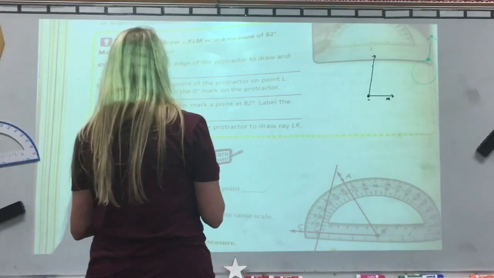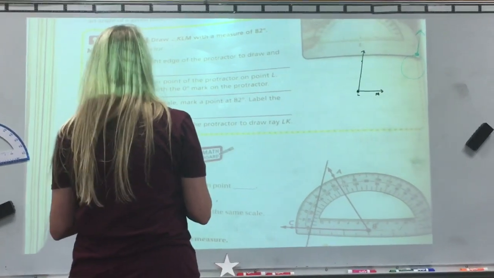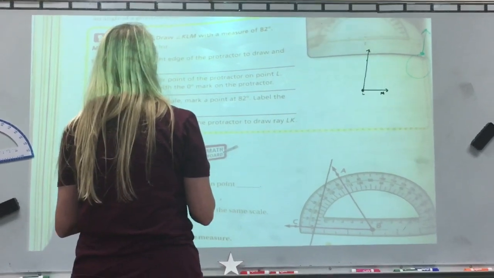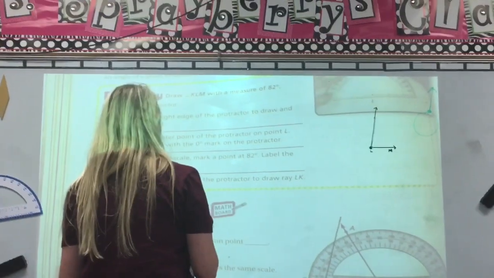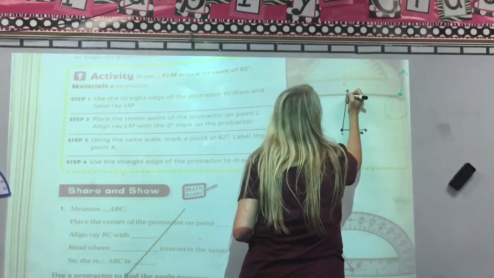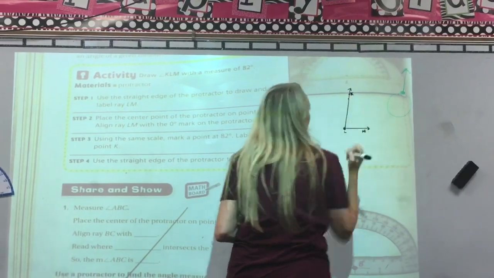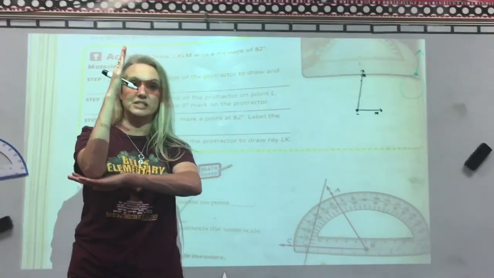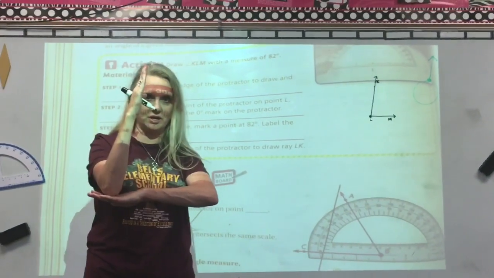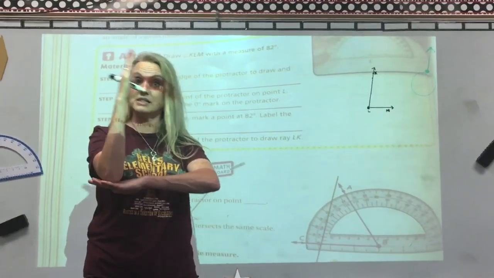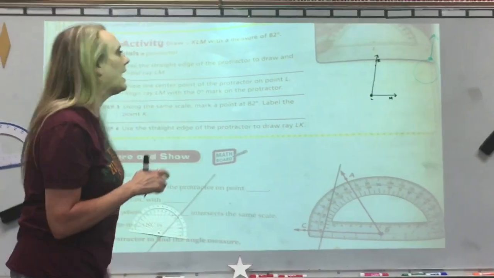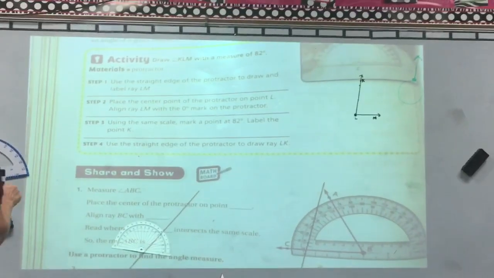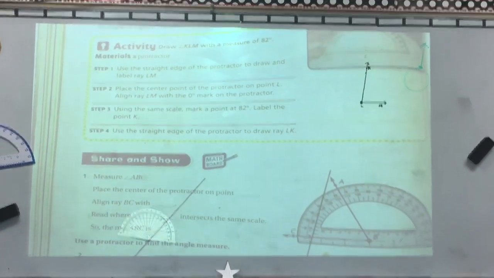It says mark a point at 82, label the point K. So here is L, K. Ask yourself, does this look like 82 degrees? Yes, it does. It's not to 90 yet. It's 82 degrees. So practice drawing that.